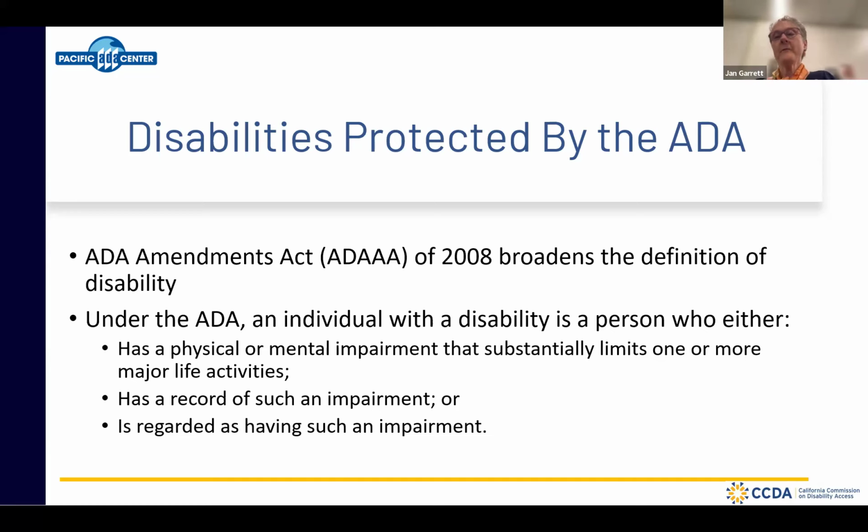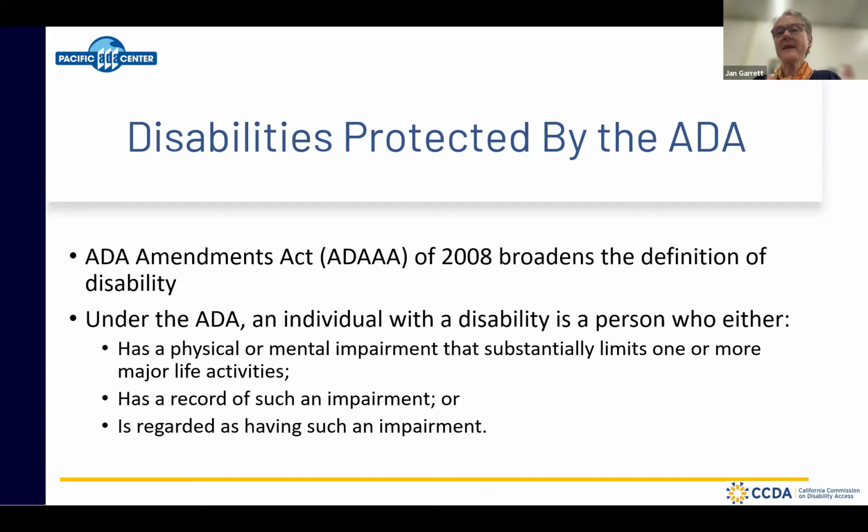So under the ADA Amendments Act, what is now just considered the ADA, an individual with a disability is a person who has a physical or mental impairment that substantially limits one or more major life activities, or has a record of such an impairment, in other words, a history or a record of it, or is regarded as or perceived as having a physical or mental impairment that substantially limits one or more major life activities.